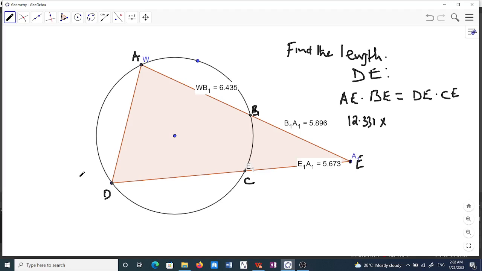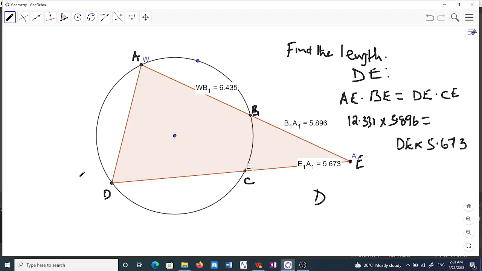BE now is 5.896. 5.896 is equal to DE. DE is what we want, times CE, which is 5.673. So we want DE.